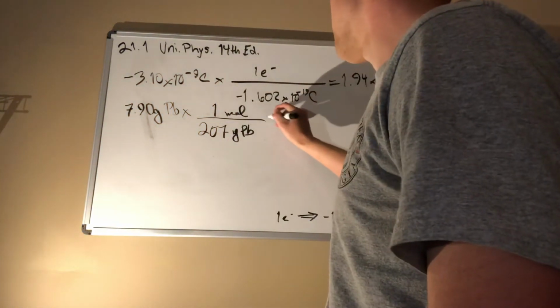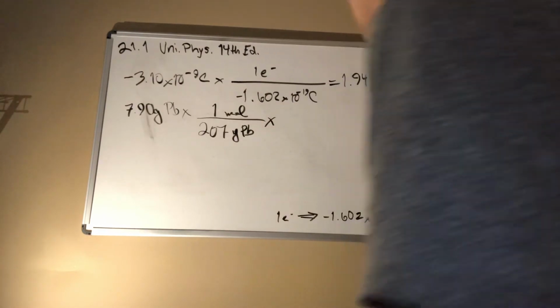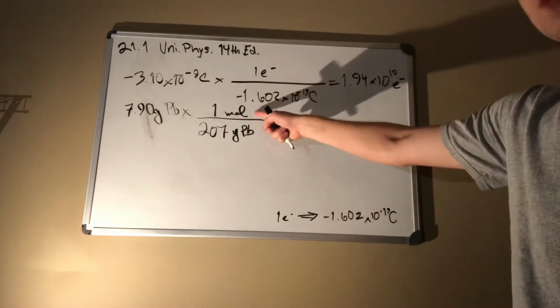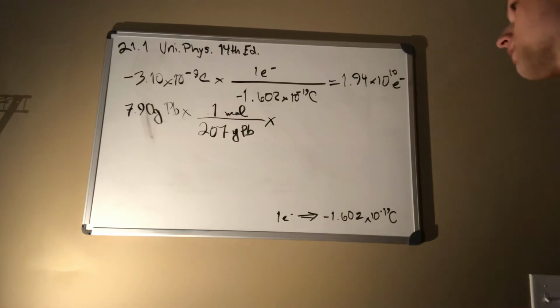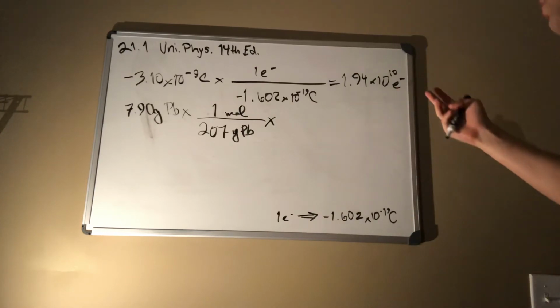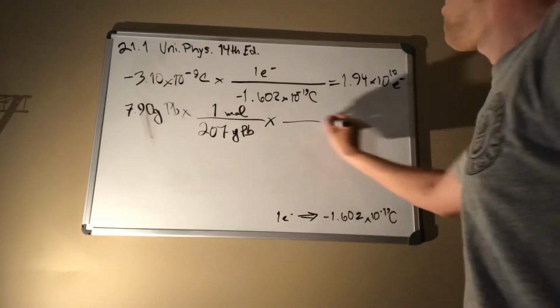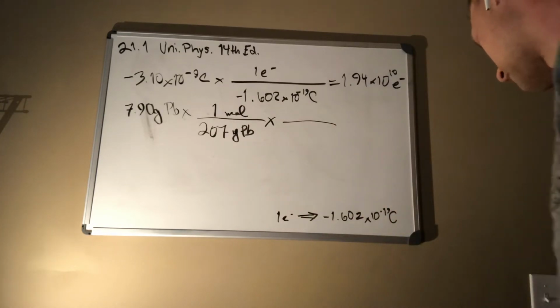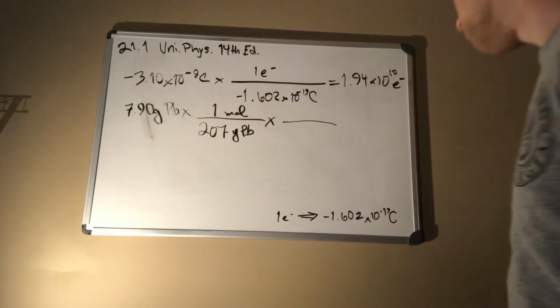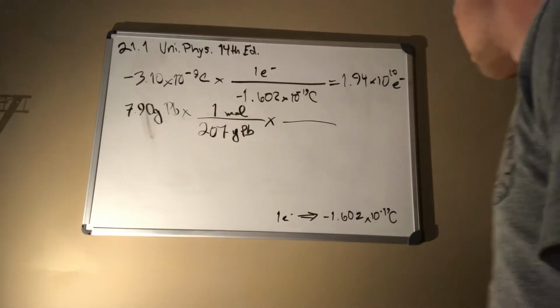And then from there, we have essentially the amount of moles. Now, the problem with this is that this number right here is in moles. If it was atoms, then we could easily just divide it out right there, but we need to actually multiply it by Avogadro's number.